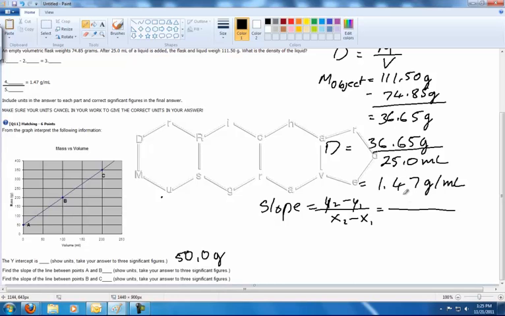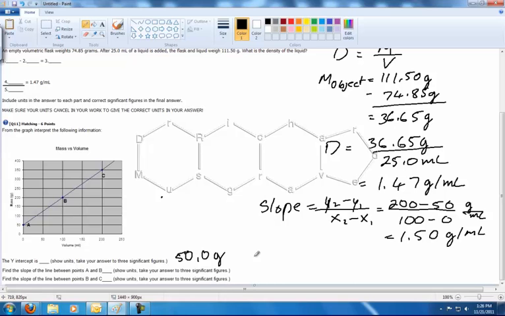So doing b minus a, it'll be 200 for the y, 50 for the other y, and for the x values it's going to be 100 minus 0, and that's going to come out to be 1.50 grams per mL. You can see that we've got grams on top and mL on the bottom, because we've got grams on the y-axis and milliliters on the x-axis. So that's how we end up with our density, 1.50 grams per mL.